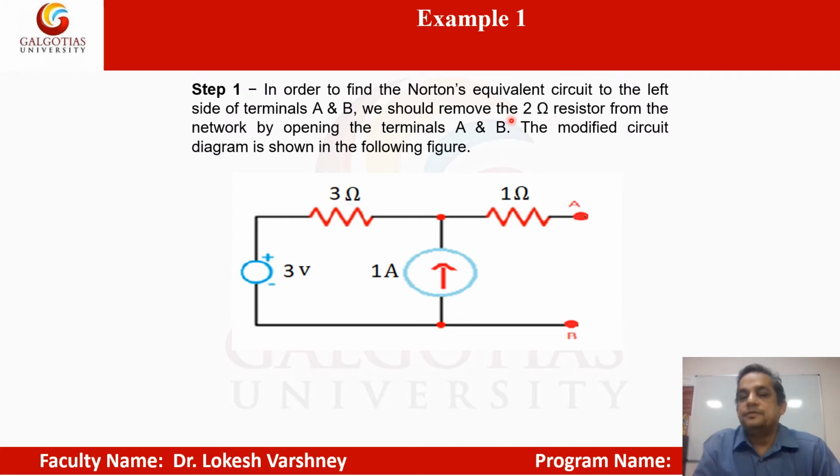We should remove the 2 ohm resistor from the network by opening the terminals A and B. The modified circuit diagram is given in the following figure. Now firstly, calculate IN.